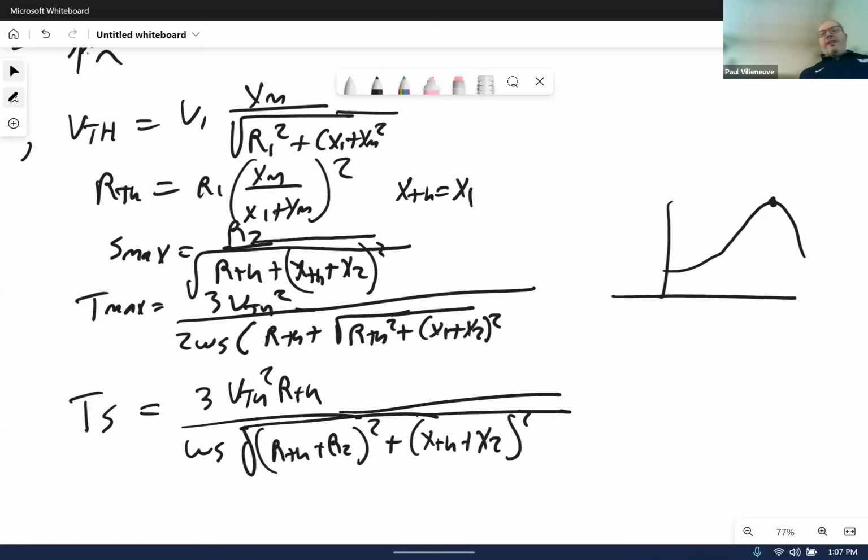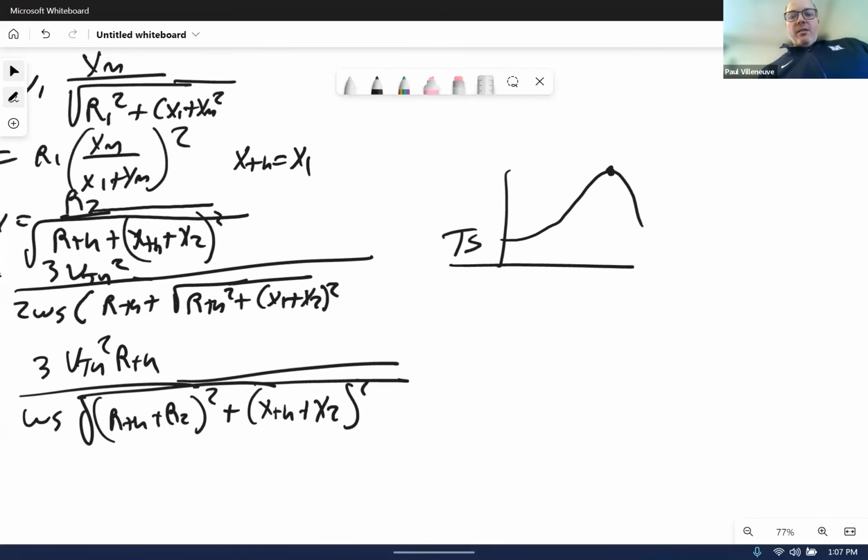That was the brute force way, or once you had that curve, you could have just pulled it right off the curve. Either one was fine.